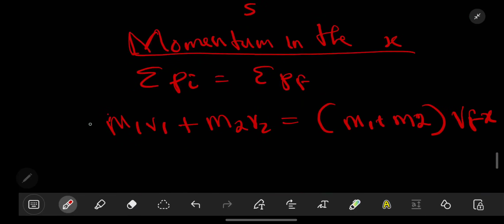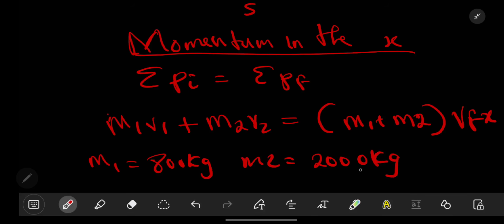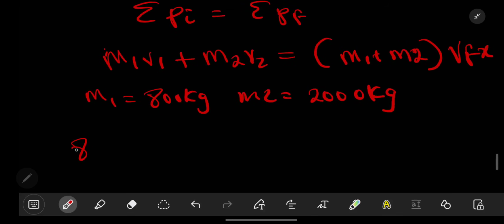M1 should be equal to 800 kg. M2 should be equal to 2000 kg.